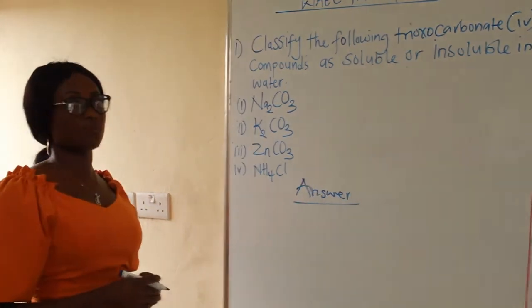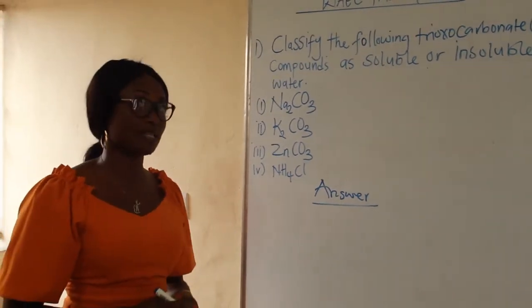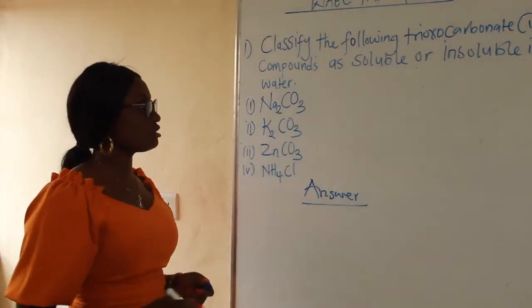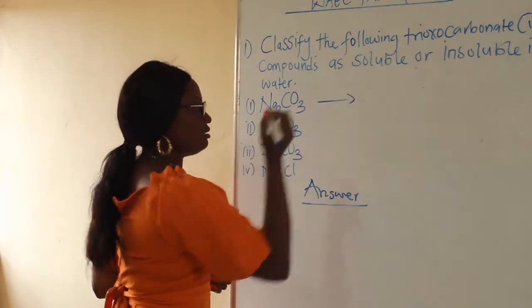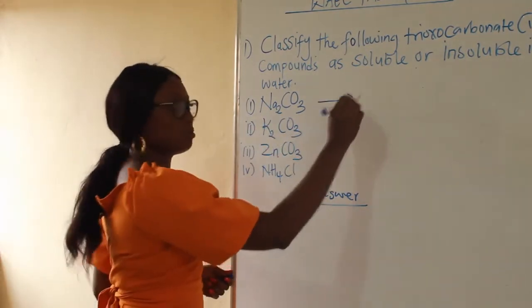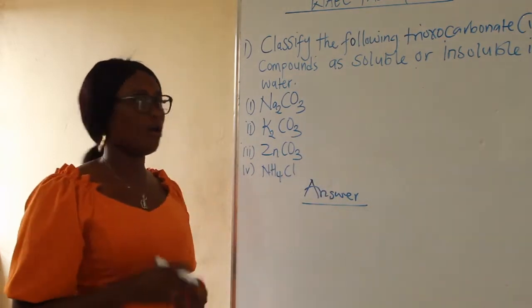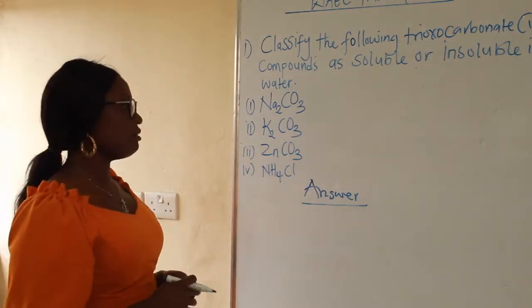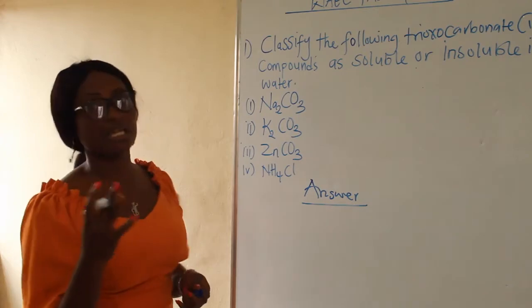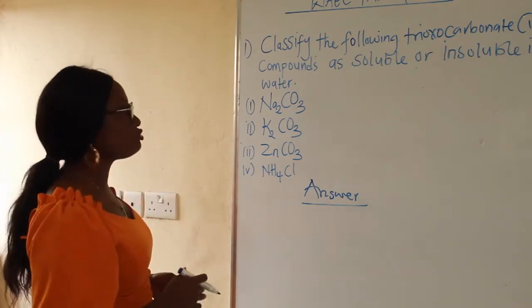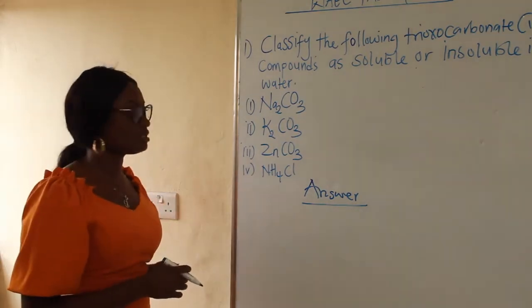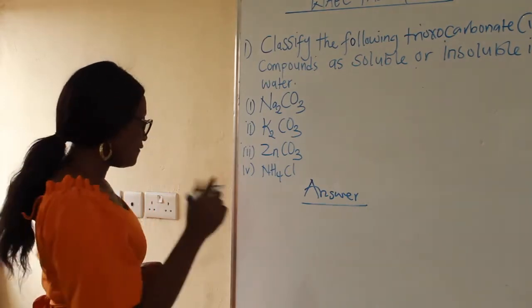Now this is what you're expected to do, or this is the best way to answer this question. Don't just put something like this and then you write soluble or insoluble. No. For you to get more marks, or for your work to be very neat, or for them to know that you know exactly what you're doing, what you should do when you see a question like this is to make a table first.